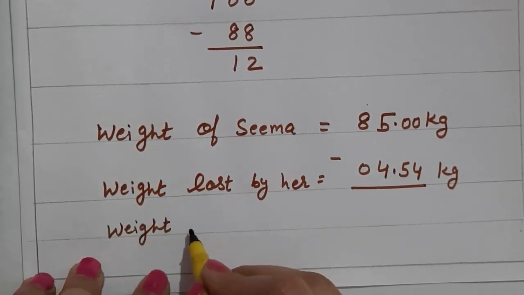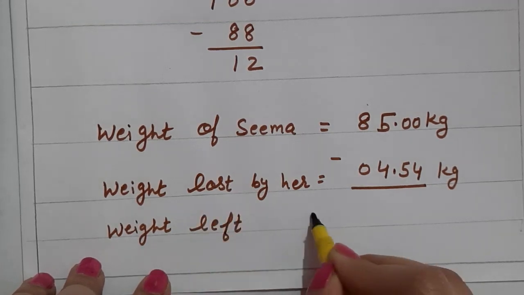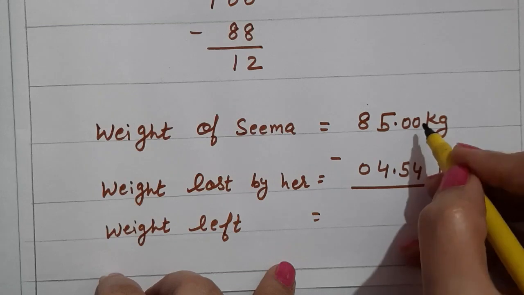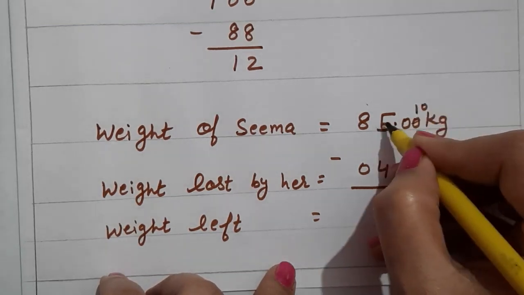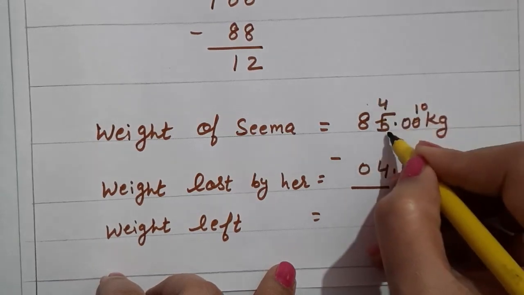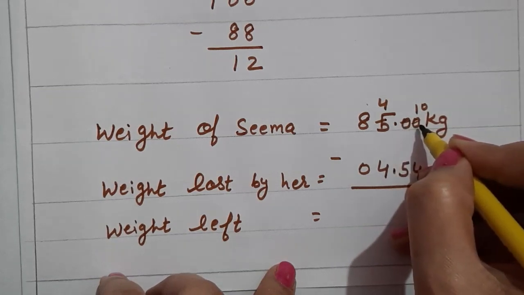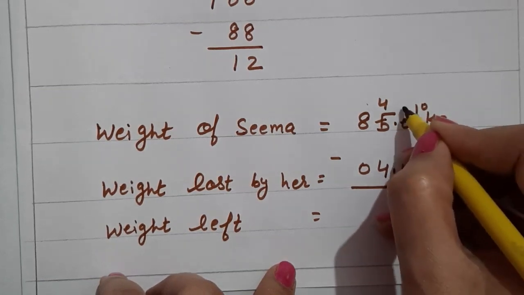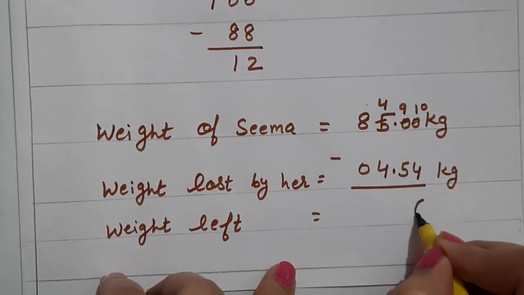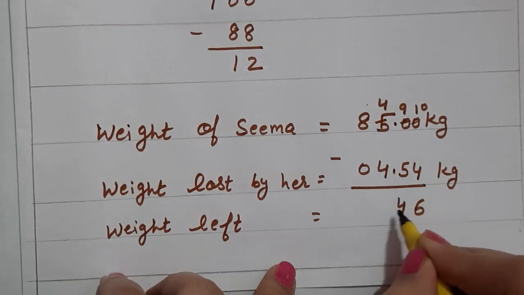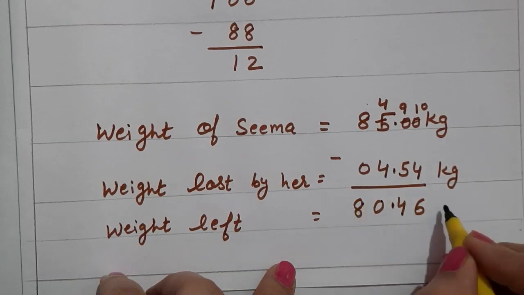Weight left. Now 0 minus 4 is not possible, it will become 10 by taking borrow. 5 will become 4, it will become 10, 10 will give again here 1, 0 will become 10, here it will leave 9. 10 minus 4, 6, 9 minus 5, 4, decimal, 4 minus 4, 0, 8 minus 0, 8.